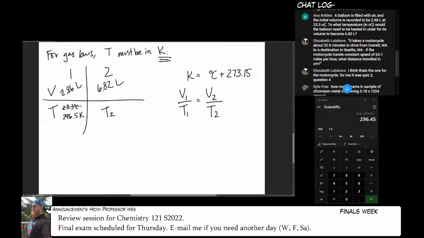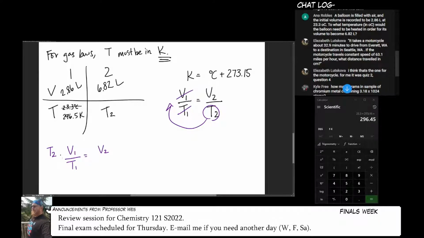All right, how do I solve for T2? I need to first get it up here, right? And then I need to get rid of this stuff. So if I multiply both sides by T2, I would get T2 times V1 over T1 equals V2.